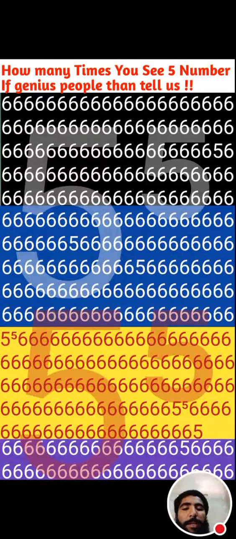I think I have to repeat the locations of the number 5 that is written 14 times. First of all, this number 5 is written on the second last position of the third row of the black box. Then this number is written in the second row of the blue box.